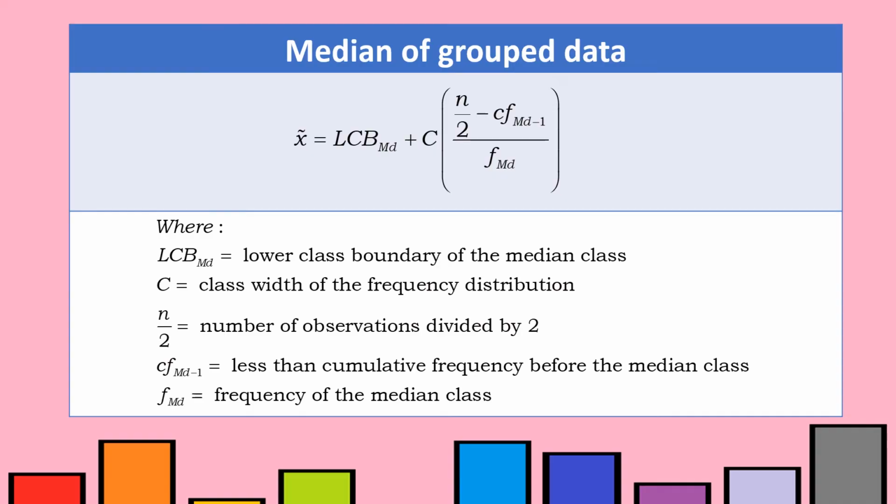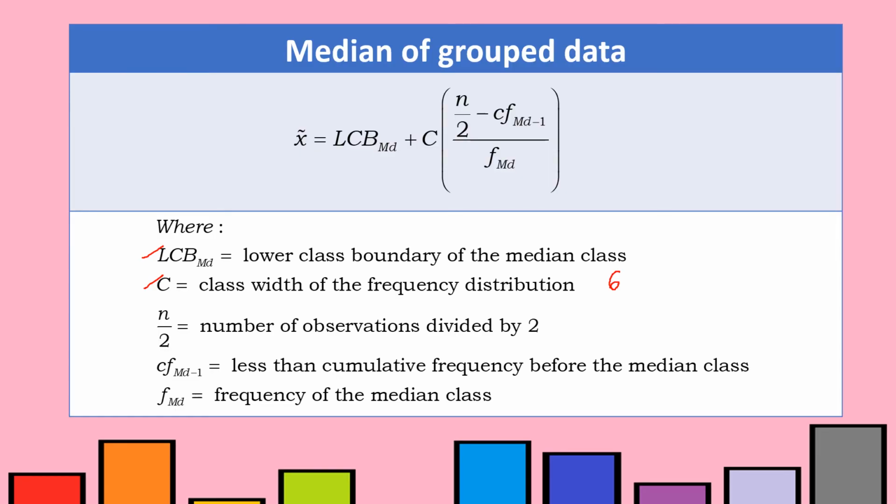And here are the symbols for the formula. We have the LCB, the lower class boundary of the median class. And then we also have the C, which is the class width of the frequency. Ito yung pagitan. 'Di ba? Kanina, I think this is 6, right? So 6 ang pagitan nung mga class intervals.